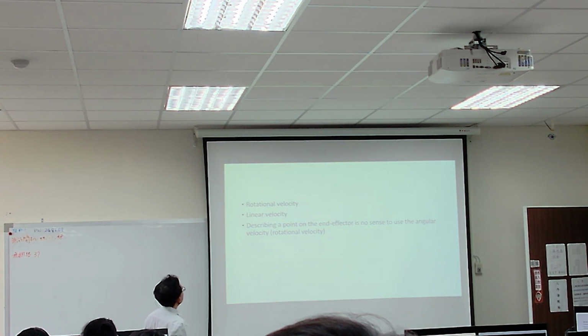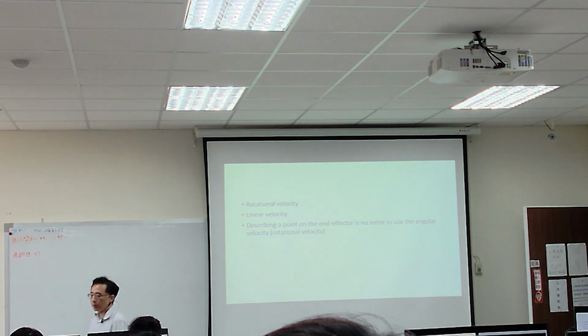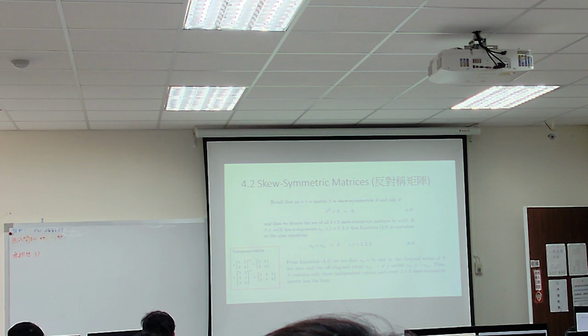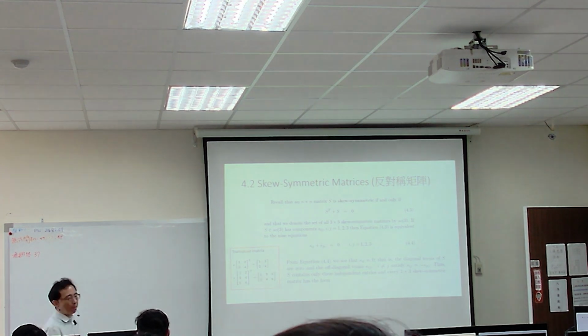Okay. So rotational velocity and linear velocity, we will differentiate in this chapter, and it is nonsense to describe an end-effector otherwise. This is my summary. The textbook is complicated.